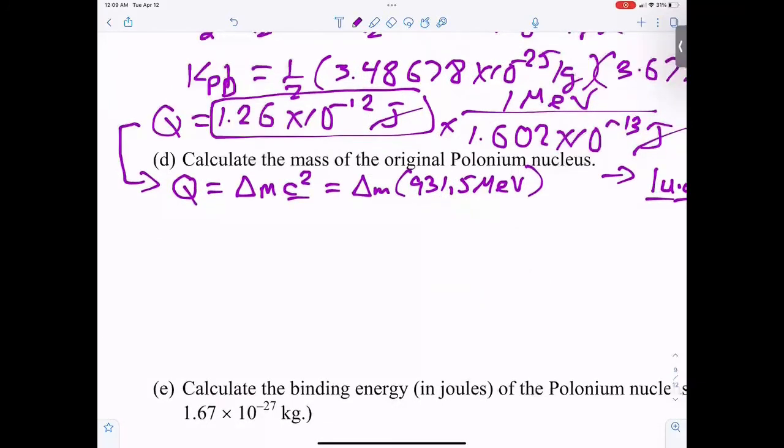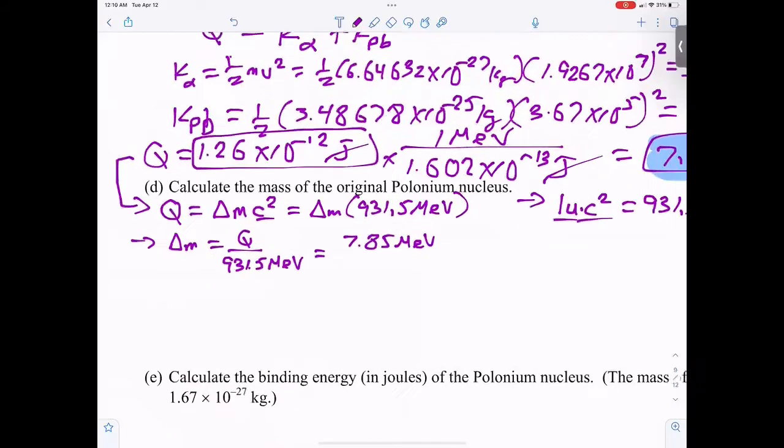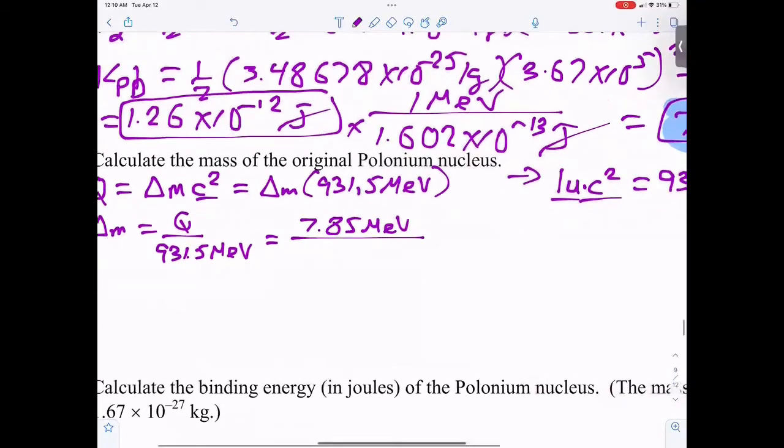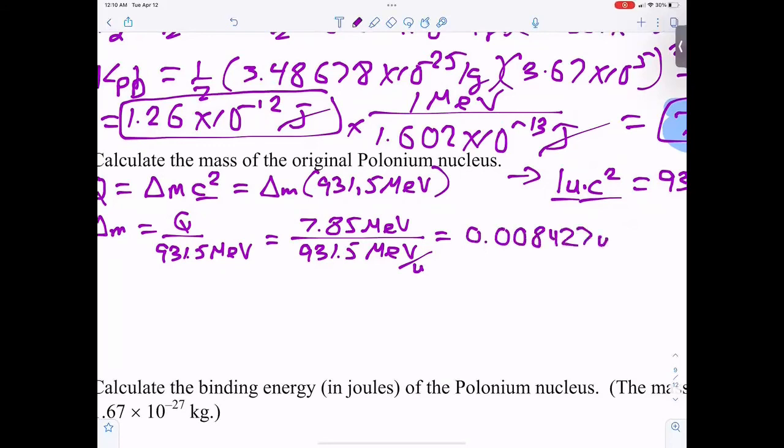And therefore, if I solve for delta M right here, I get delta M is equal to Q over 931.5 mega electron volts, which was 7.85 mega electron volts. We just got that from the previous example. That's divided by 931.5 mega electron volts per U, and that would give us 0.008427 atomic mass units.